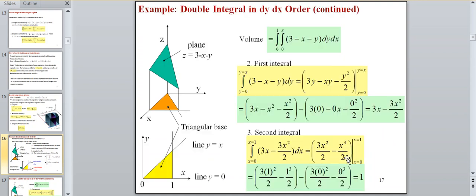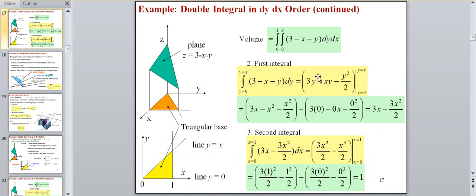Let's solve it. The first integral is with respect to y, from 0 to x. The integral of 3 with respect to y is 3y, minus the integral of x, which is a constant, so minus x y, minus the integral of y with respect to y, which is y squared divided by 2. Now we take the value of this term when y equals x minus when y equals 0.